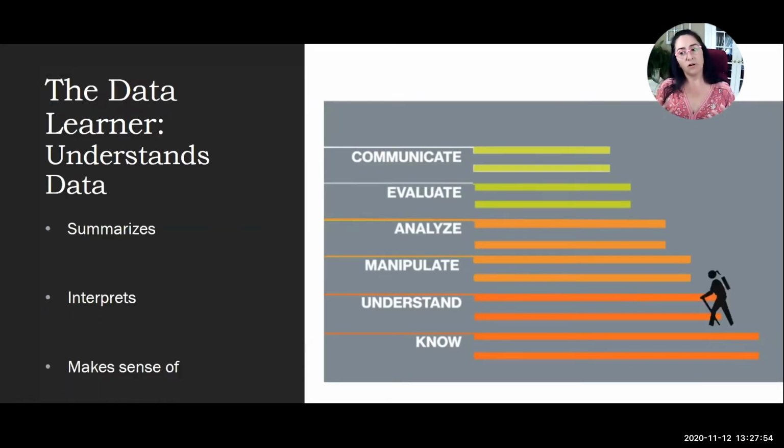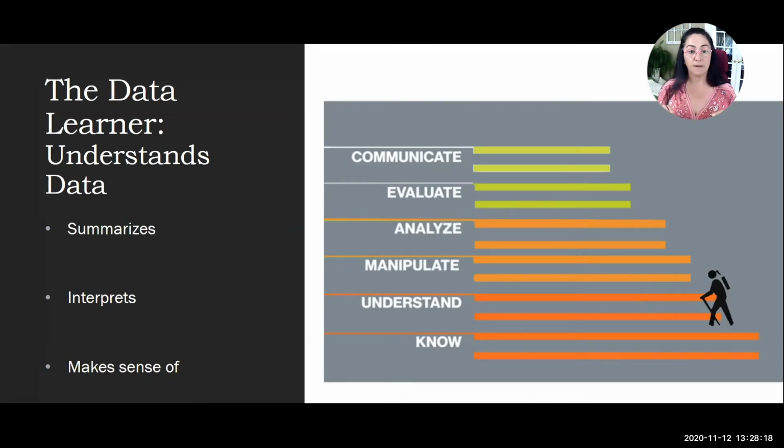The data learner, my hiker here, she's hiking up the mountain. My data learner next needs to understand data. A hallmark of a data learner that understands data is that they can summarize, they can interpret, and they can make sense out of the information that they know, right?